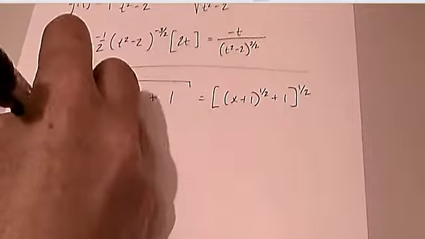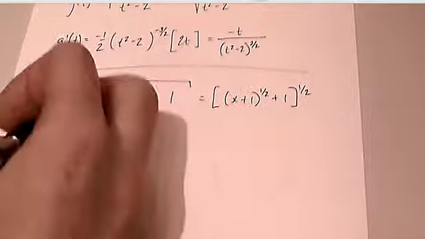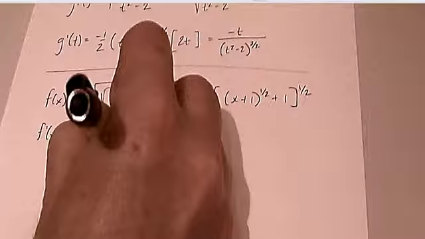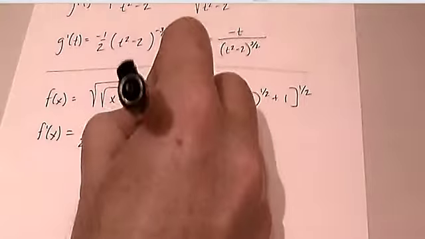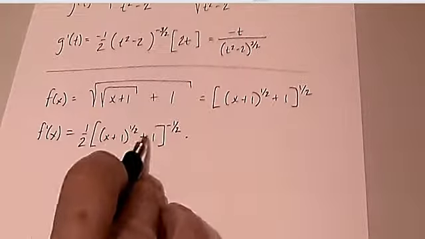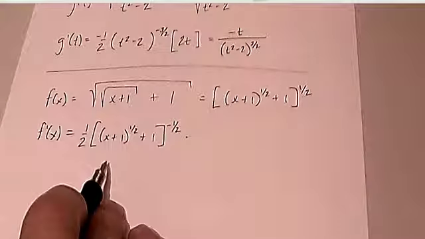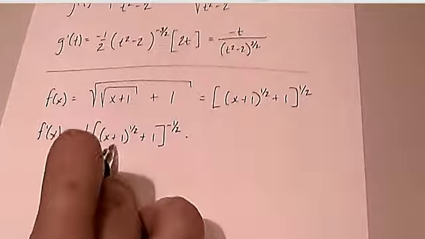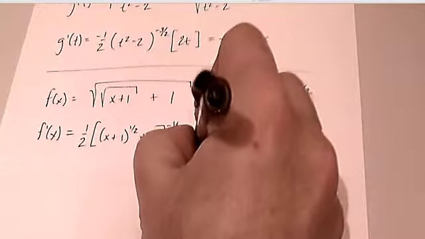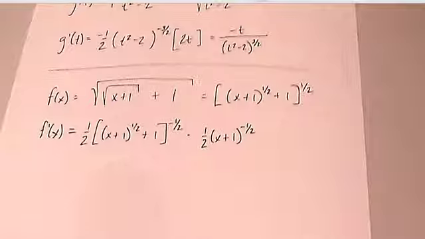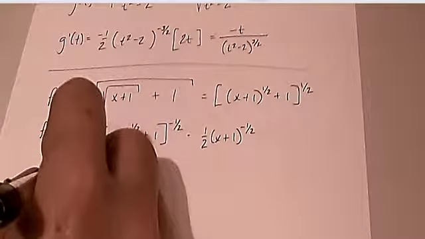So we have f prime of x. That's stuff to the 1/2, and therefore it's 1/2 stuff to the negative 1/2 times the derivative of whatever's inside those brackets, which just happens, the derivative of that term is going to be 0, so we really only have to worry about this one right here. 1/2 x plus 1 to the negative 1/2, okay?